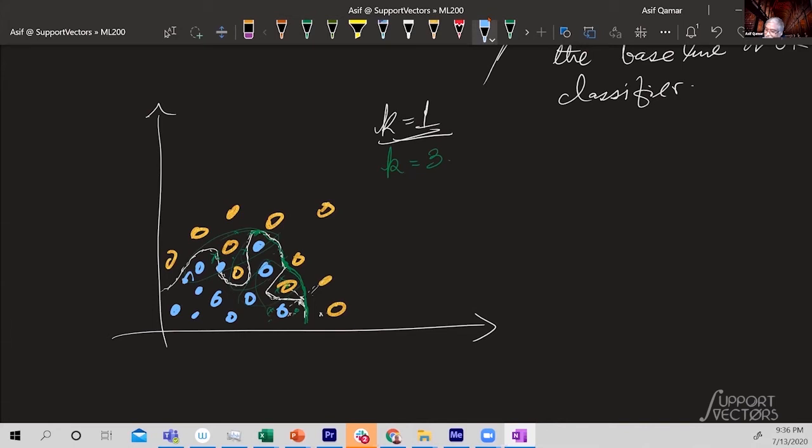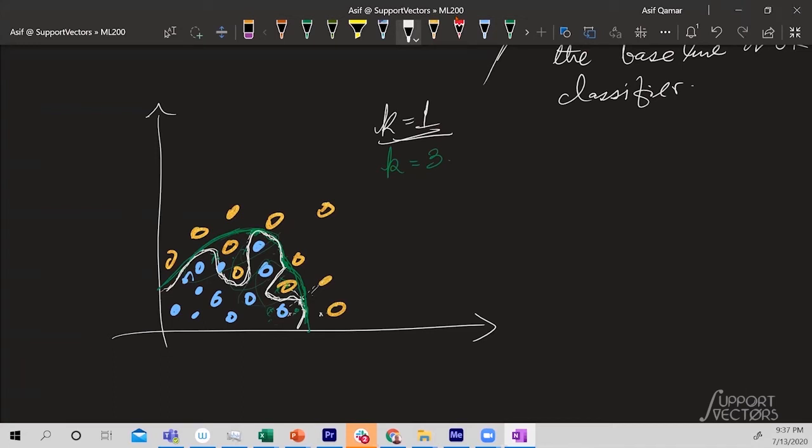Obviously I'm cheating a little bit here. Your decision boundary might be like this. What can you say about that versus the white decision boundary? Do you notice that the white is far more curvy, isn't it? It's more complex.